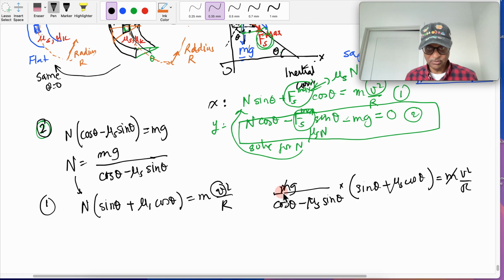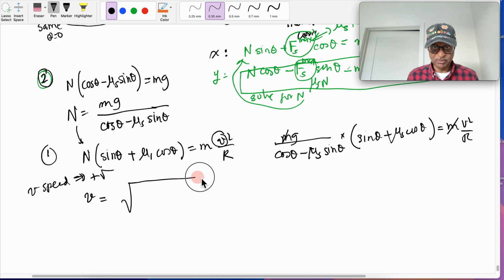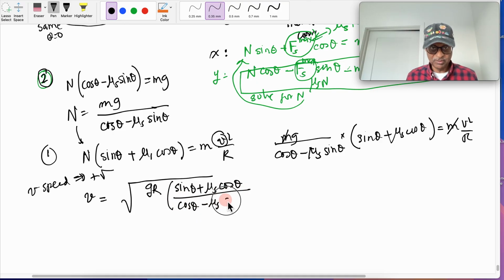M cancels out, r goes to the other side, and you have a square root. V is speed, which means keep the positive square root. So it's the positive square root of g r times the ratio of sine theta plus mu s cosine theta over cosine theta minus mu s sine theta.